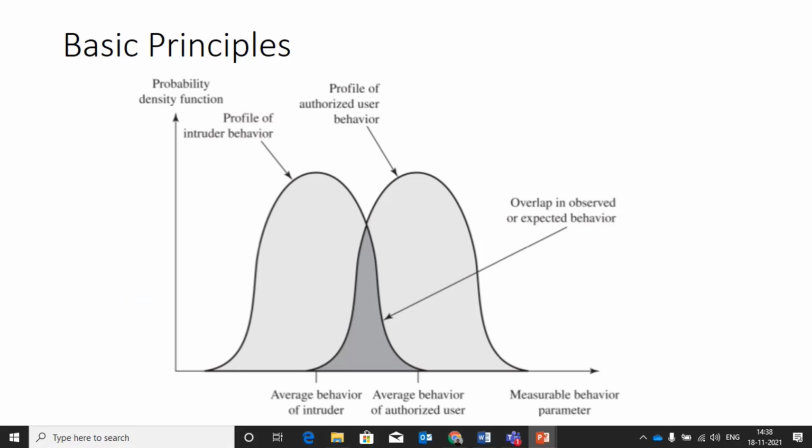Basically, in general terms, how do we know the behavior of the intruders or the behavior of the authorized person? There is a kind of overlap in between. If you see the diagram, the intruders are looking for the profile or the things where they can achieve something profitable, and they do this continuously, while the authorized people perform the roles that are available for them.